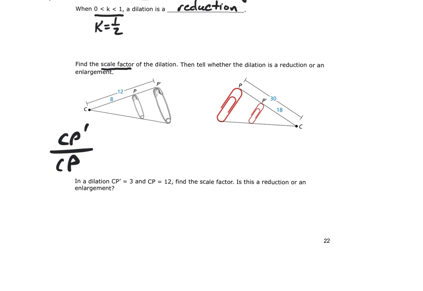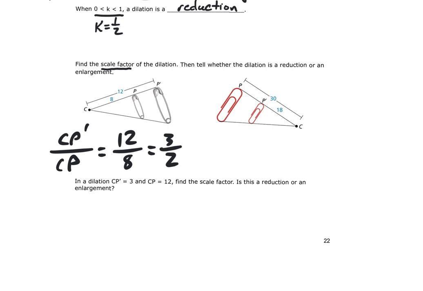So if I go from C to P prime, how far or how long is that length? 12. Yeah. And if I go C to P is the original length, which is 8. So we would go 12 over 8, and that would reduce to be 3 over 2.